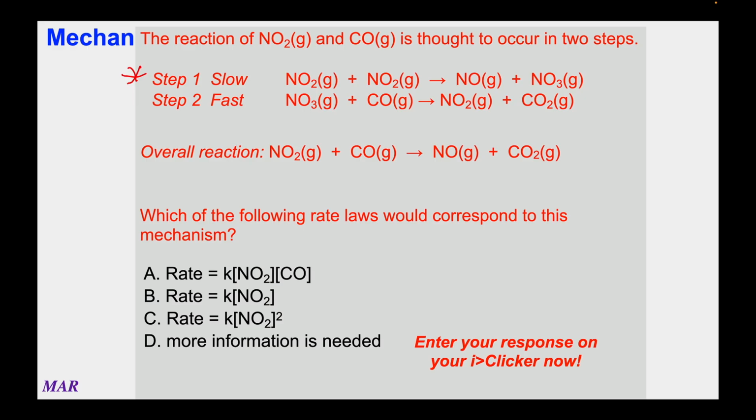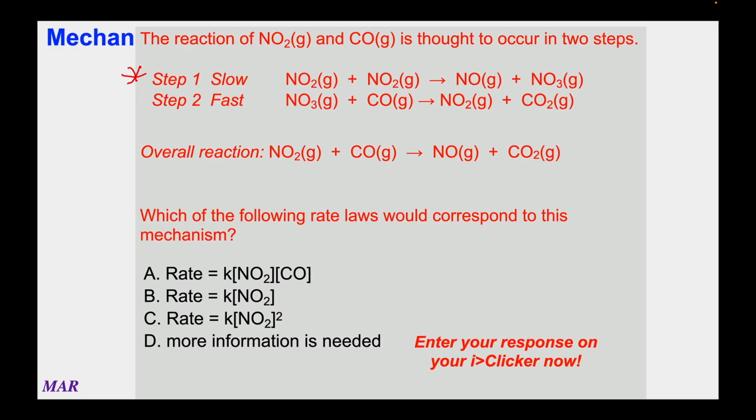Notice that for the first answer, rate equals k times NO2 times CO, if that was a valid rate law, the slow step would have one NO2 reacting with one CO, and that's not what we see for the slow step. The second answer, rate equals k times NO2 to the first power, would mean NO2 is the only reactant of the slow step. That's not what we see either. But the third one, answer C, rate equals k times NO2 squared, would imply that in the slow step, two NO2s are coming together.